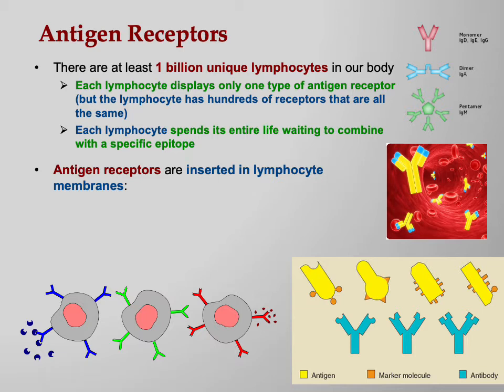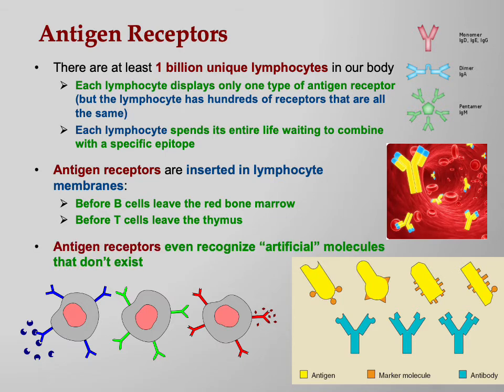Antigen receptors are inserted in lymphocyte membranes before B cells leave the red bone marrow. Remember, that's where the B cells do their special ops training. And before T cells leave the thymus. That's where the T cells do their special ops training. And so antigen receptors can recognize even artificial molecules that don't exist. We'll talk more about that later. Your body, think about when you shuffle a deck of cards.